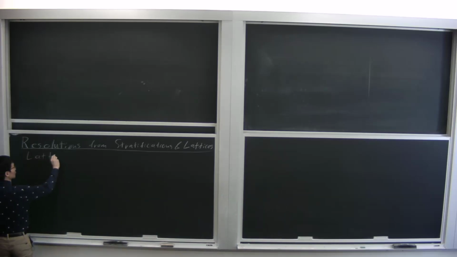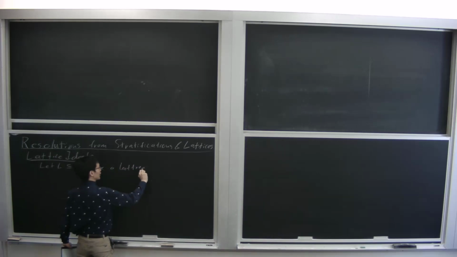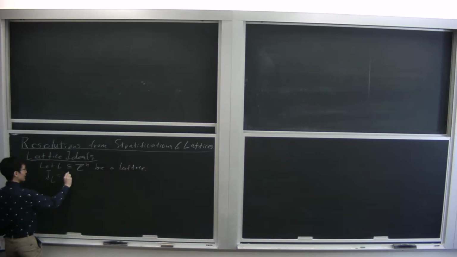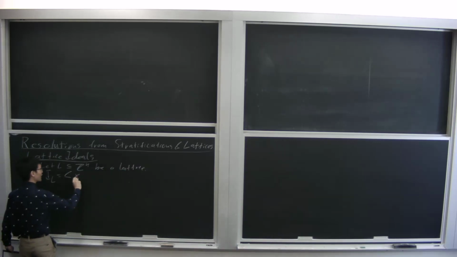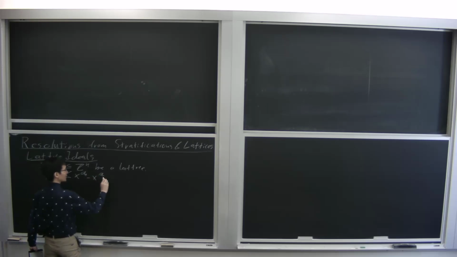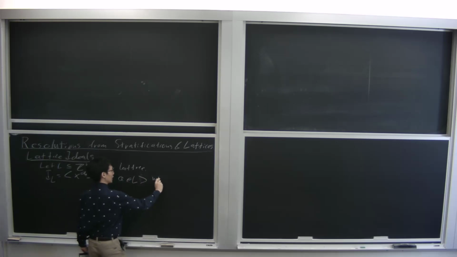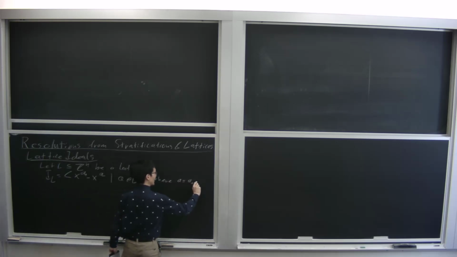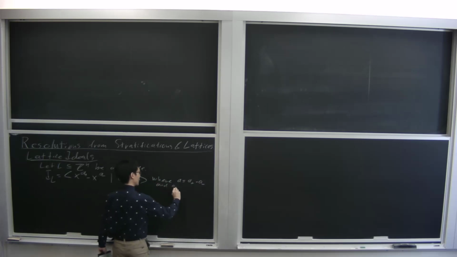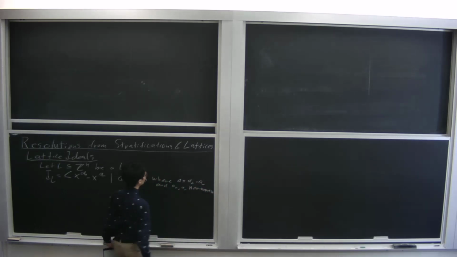So let L inside of Z^n be a lattice. Then we define our lattice ideal I_L as the ideal generated by all binomials of the form x^(a+) minus x^(a-) for a in L, where a equals a+ minus a-, and a+ and a- are non-negative.